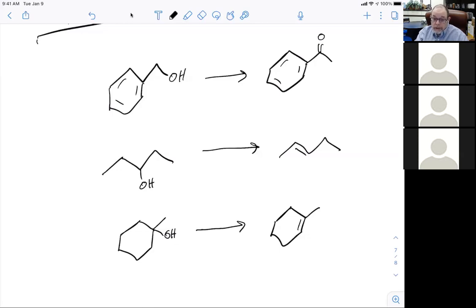A couple of reasons. One, I use the learning outcomes when I'm picking questions for the exam, but also most of the organic faculty know those learning outcomes and use them as the basis for their Organic 2. So when you get to Organic 2, there will be expectations of you knowing those learning outcomes.